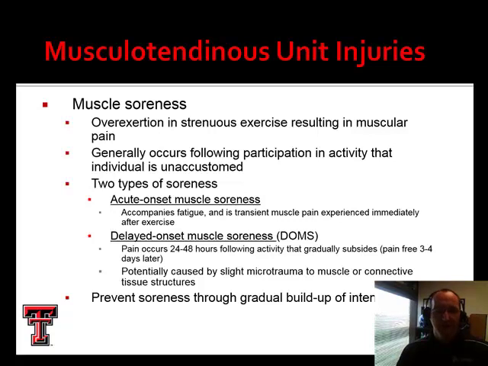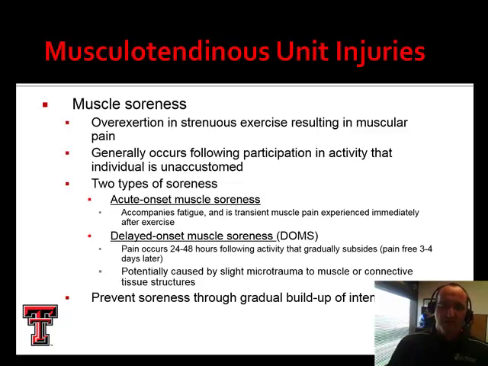This usually subsides on its own. Acute onset muscle soreness: here we get fatigued, and we've got temporary pain that we feel right after we exercise. Lots of times in the case of overreaching and eventually in overtraining, we get what's called DOMS, delayed onset muscle soreness. This is that second day burn you've probably felt if you did a lot of sets.